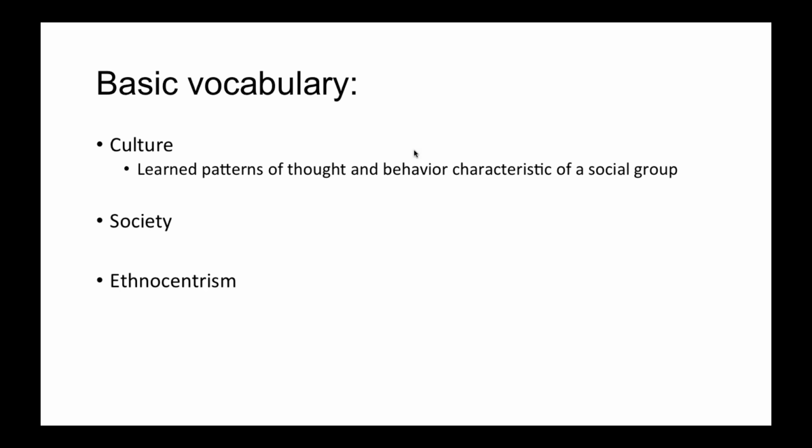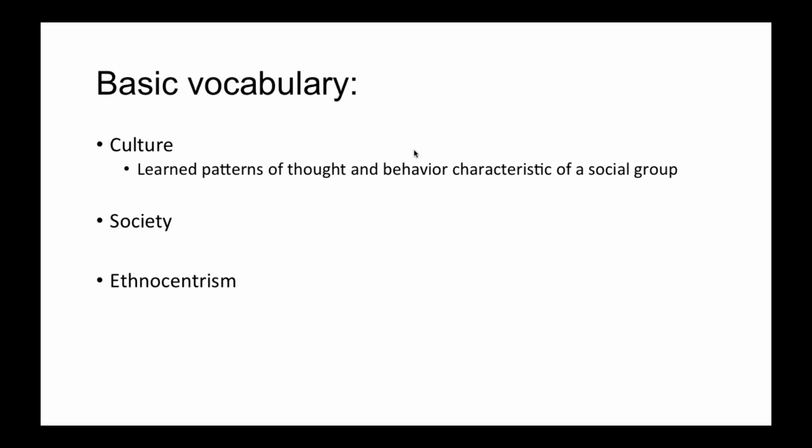Next slide. In terms of basic vocabulary, culture is the most important term. And I like this very simple definition. Societies have culture. They're the social structure, but animals have, and even insects have culture. Ethnocentrism is something that all societies have, but it's a problem.